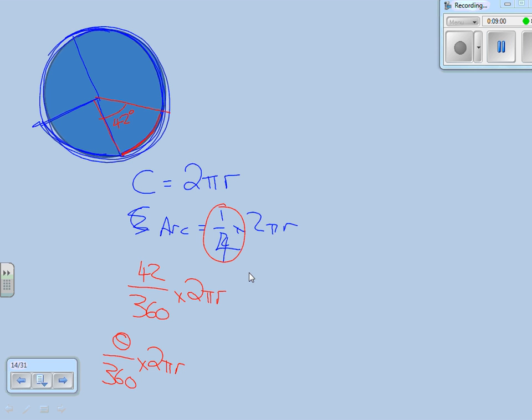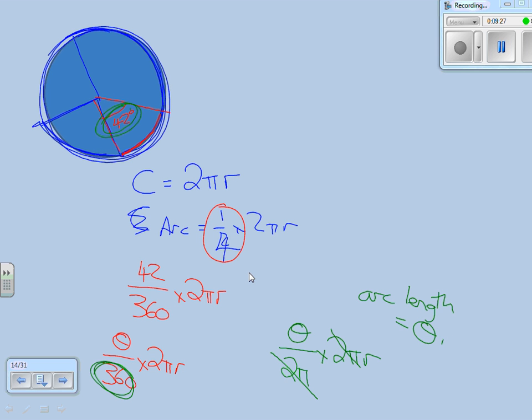Now the beauty of our course is that we then start talking about radians instead, and instead of having 42 degrees here, we could have an angle in radians. If my angle's in radians, then this 360 changes to 2 pi, times 2 pi r, and this is where the lovely bit happens: the 2 pi here and the 2 pi here cancel out, and you get the shortest formula around, that the arc length is just equal to theta times r.